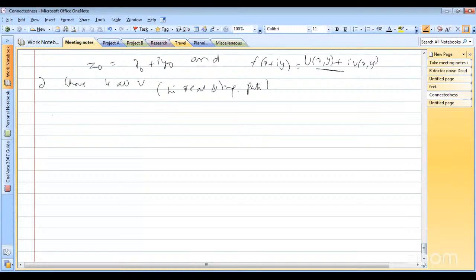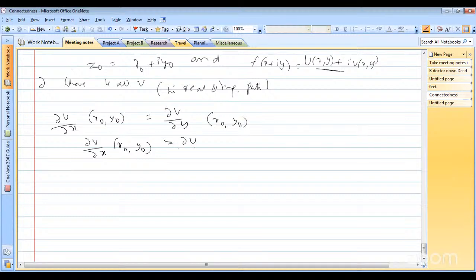So in this problem, we have to show that dou u by dou x at x naught, y naught is equal to dou v by dou y at x naught, y naught, and dou v by dou x is equal to minus dou u by dou y at x naught, y naught.